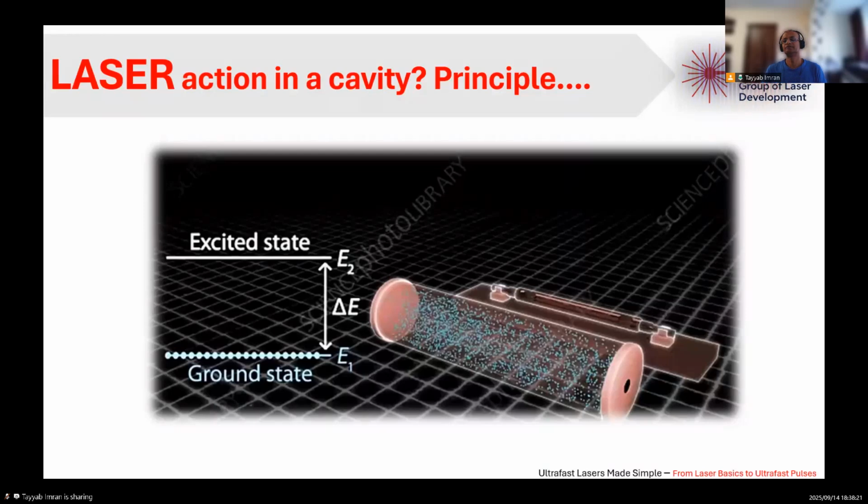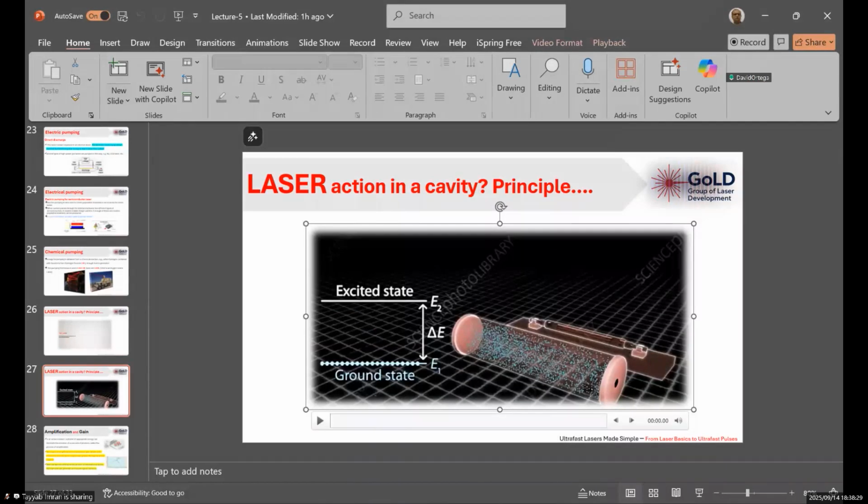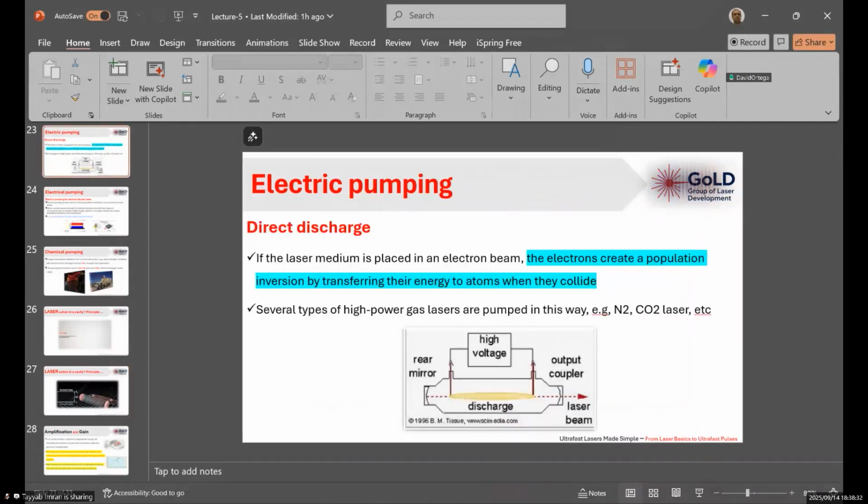The other question is, when you have an AC or DC electrical discharge, which one is going to be useful for a continuous wave laser or a pulse laser? Yeah, I mean, it depends on what kind of laser you want to build.